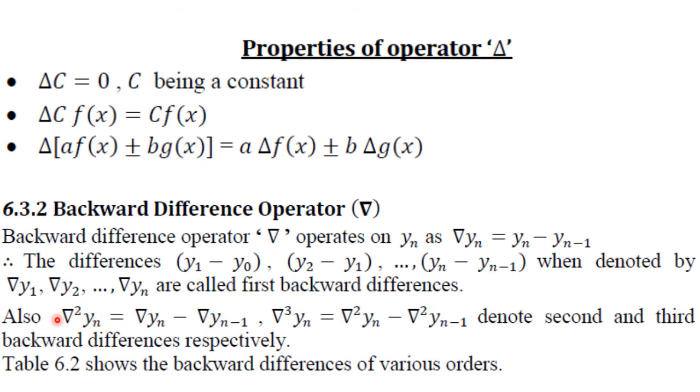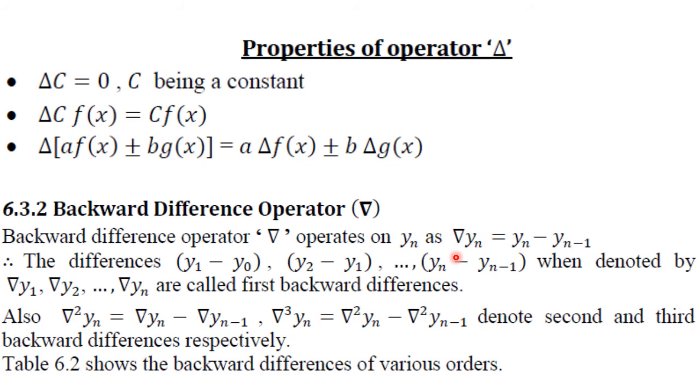Students, similarly, the second backward difference on yn is equal to the backward difference of yn minus yn minus 1. Similarly, you can apply the third order operator, just like the forward difference operator, but the notation is somewhat different.